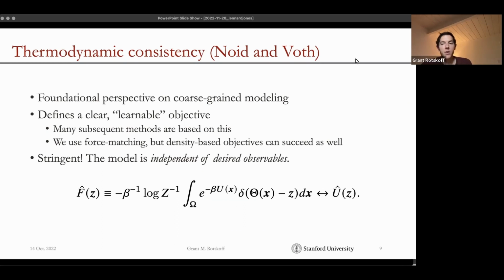The objective that is typically used to train a coarse-grained model, or to parameterize a coarse-grained model, as they would have said at the time that these ideas were developed, is thermodynamic consistency.